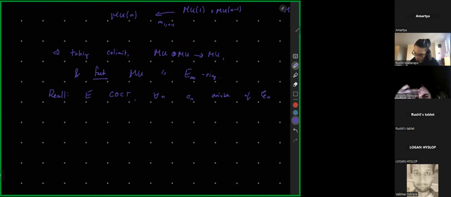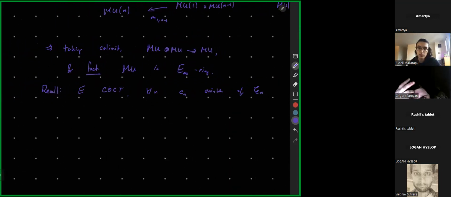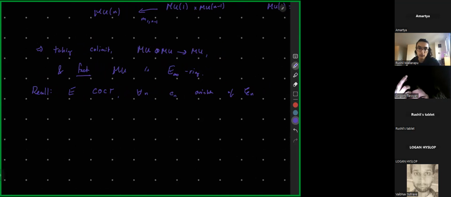I have somewhat of a stupid question. Isn't it strictly commutative? I mean, sure, it is an E infinity ring, but do we really need that? To me, commutative and E infinity mean the same thing. Okay, but maybe that's a bizarre statement to make.